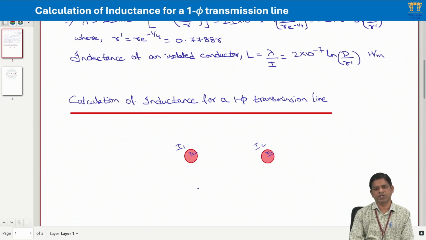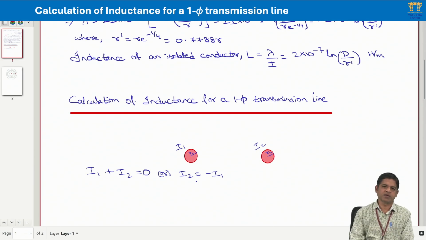So from this we may say I1 plus I2 will be equal to 0, or I2 is equal to minus I1.